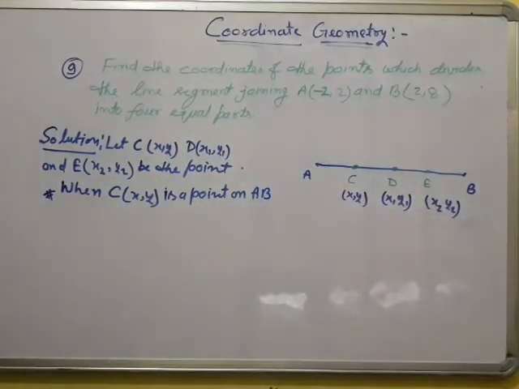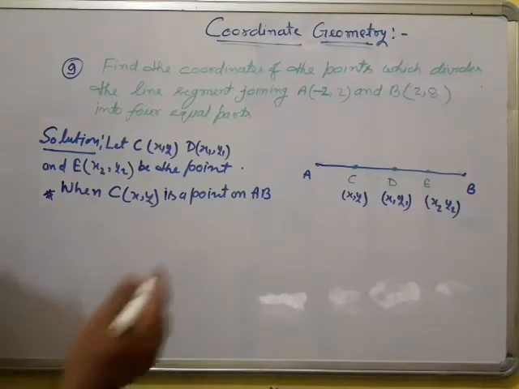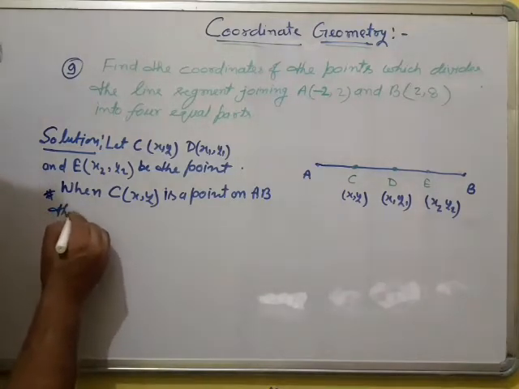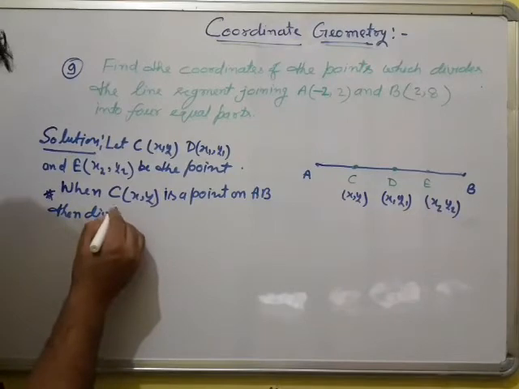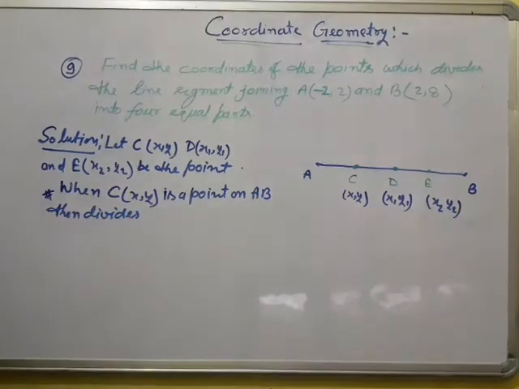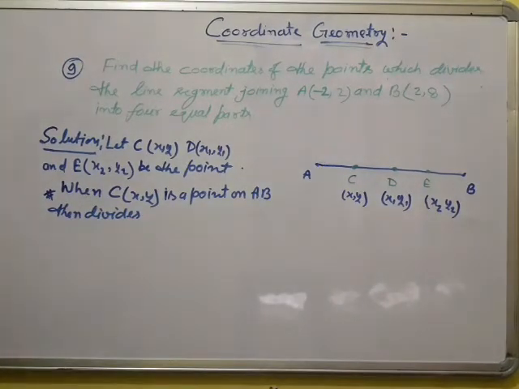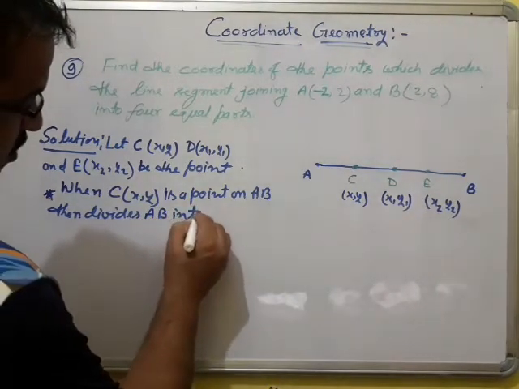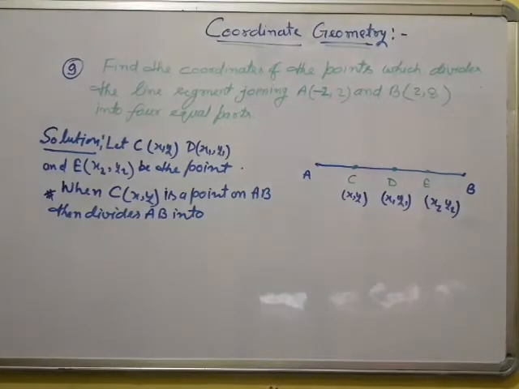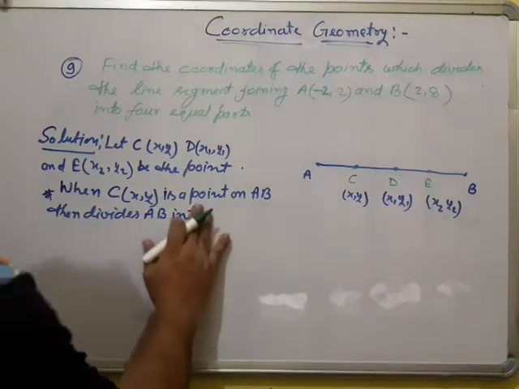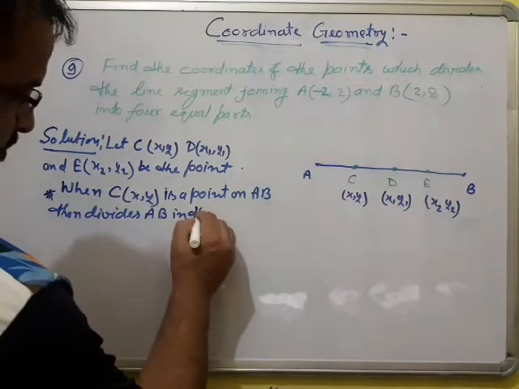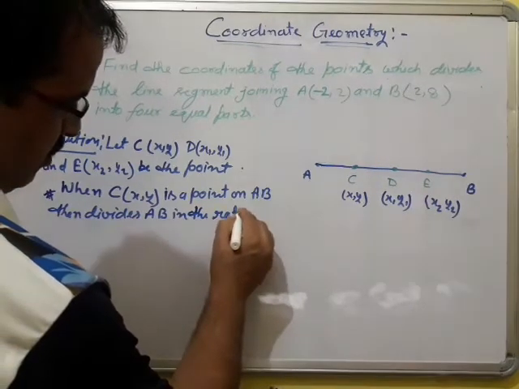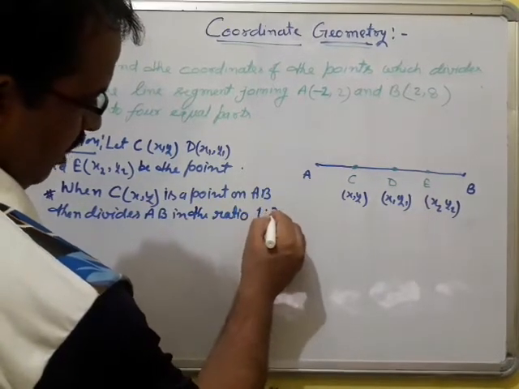So it divides AB in what ratio? The first part is 1 and the rest is 3: 1, 2, 3. So C divides AB in the ratio 1:3.